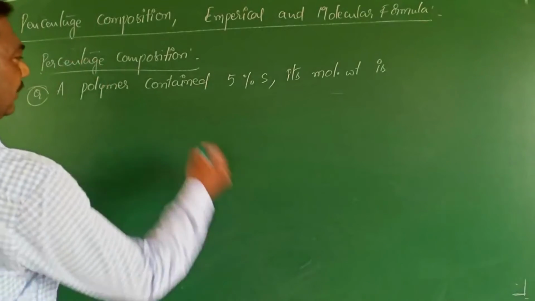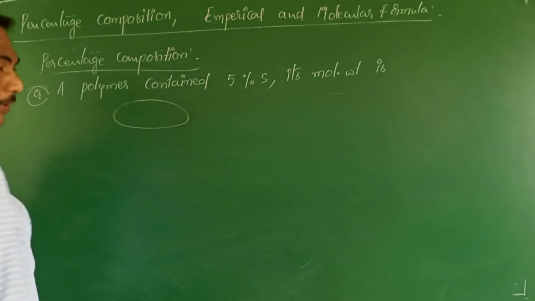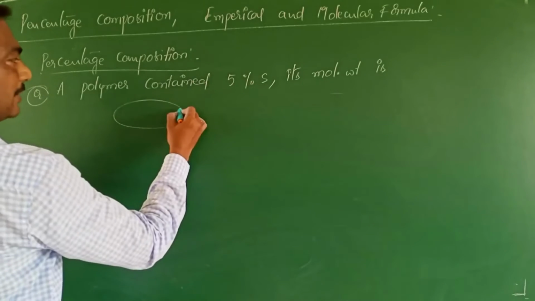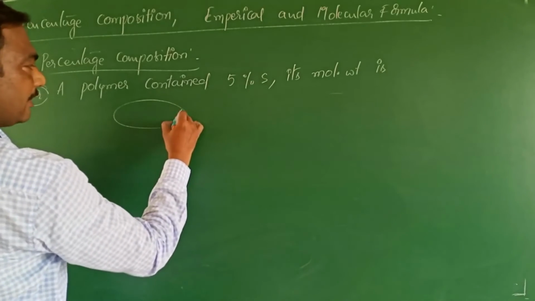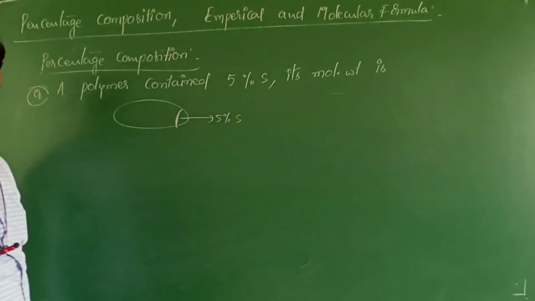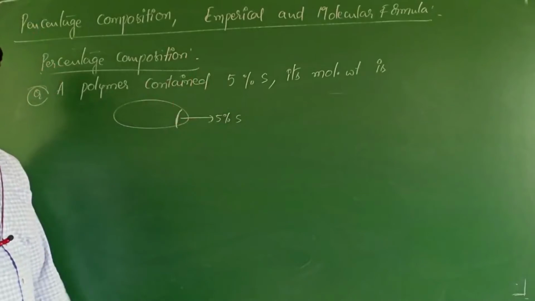For our understanding, I will take this as our polymer, that is total 100%. In this, 5% is sulfur. This 5% is nothing but sulfur, and we are asked to find its molecular weight.